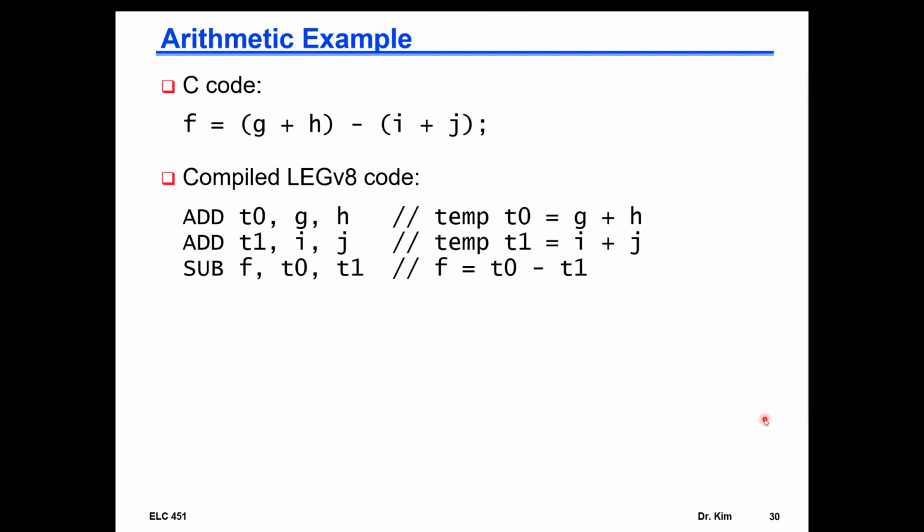And then subtract T1 from T0 and put the result in F. And again, F is associated with a register. So to make it to memory, I would have to do a store instruction and put the contents of register F, in this case that's still an abstraction, into that memory location.